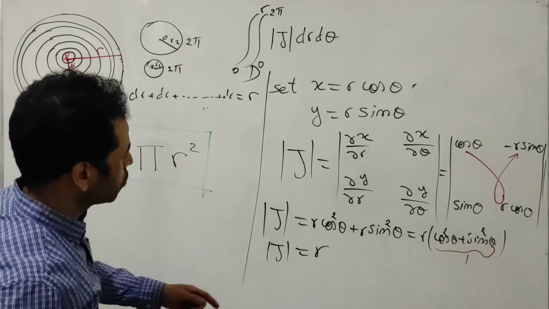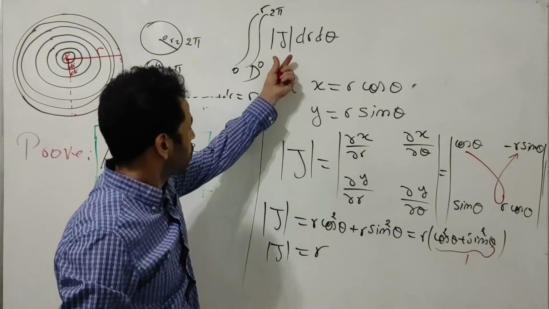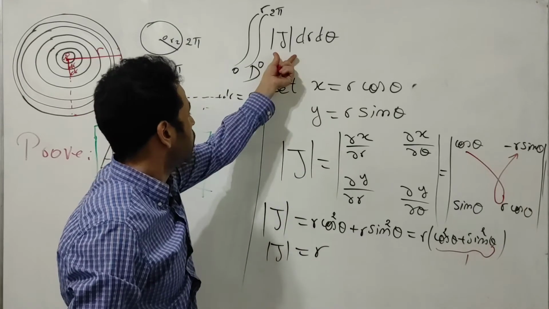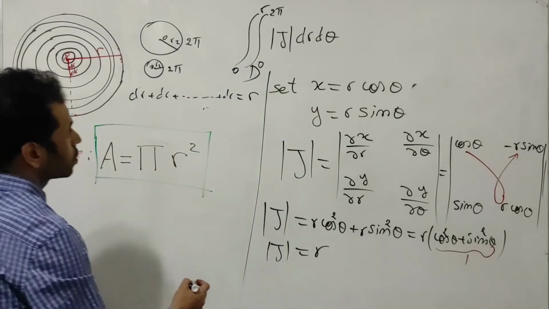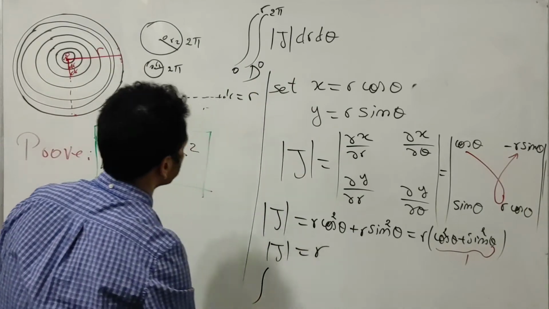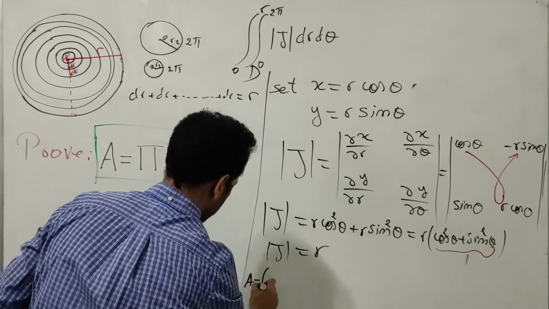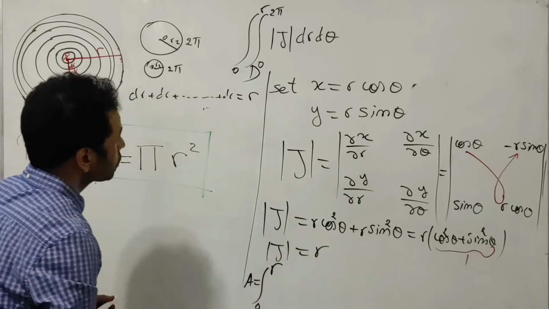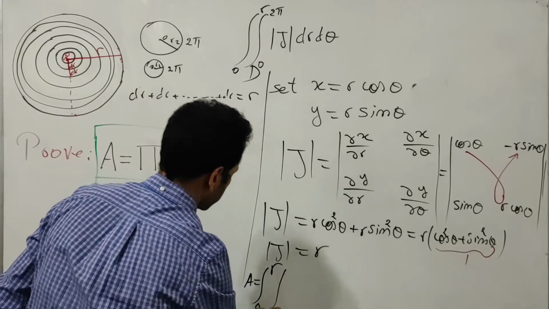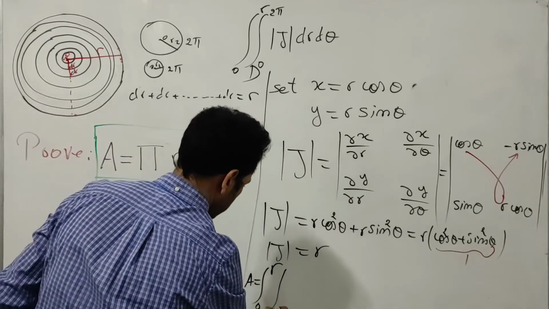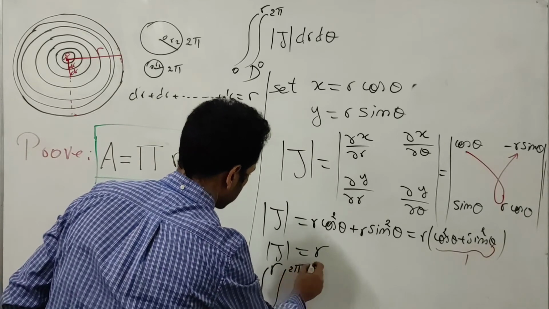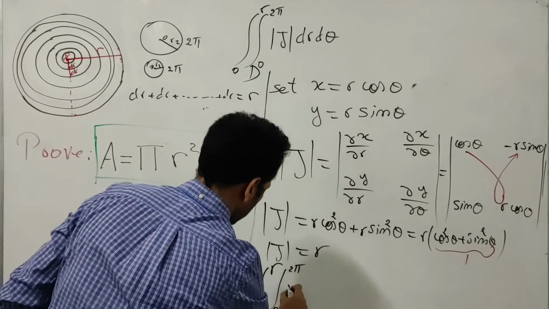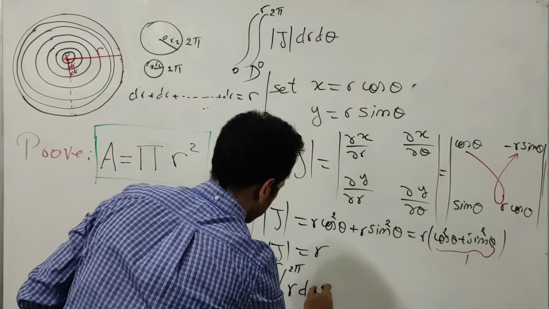So I'm going to replace G with r here. I get the double integral, the area of this circle, with r from 0 to r as a bound. For the second integral, theta from 0 to pi, with G equal to r multiplied by dr d theta.